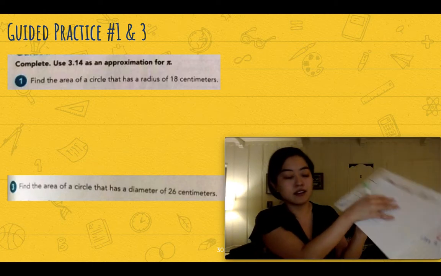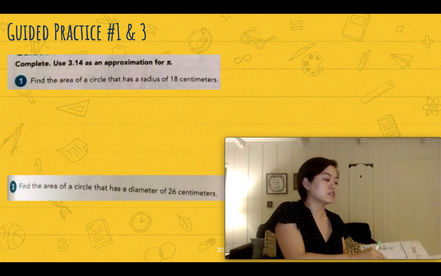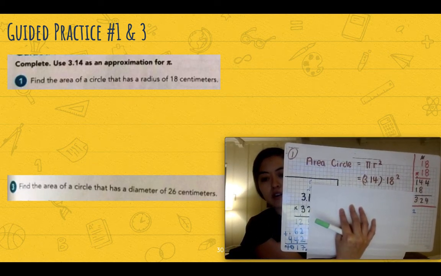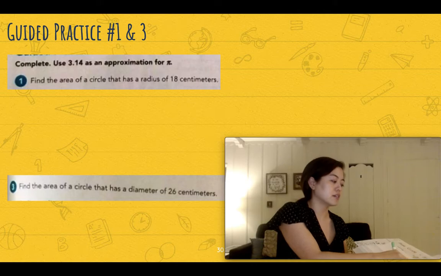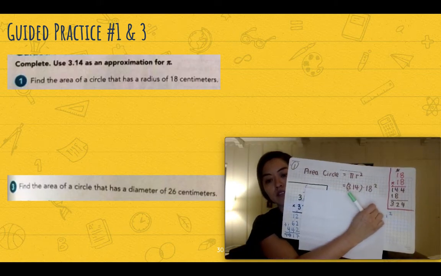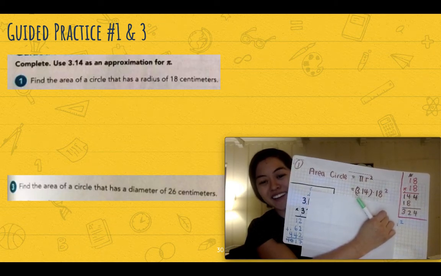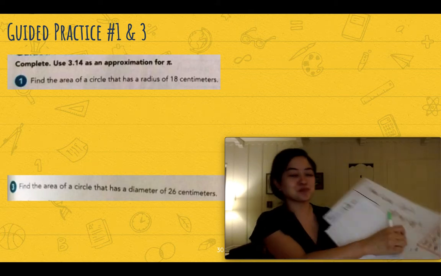And then I'm going to input my pi and my r, which is 3.14 times 18 squared. And 18 squared, I did it in that corner over here, right? I did it right here. So you can take a look to see how I figured that out. I didn't memorize that square. Did you? So it's 324.